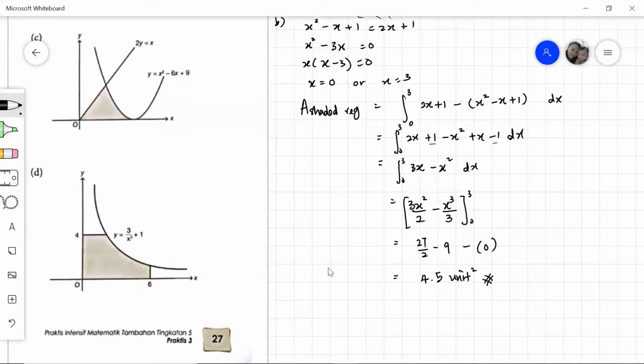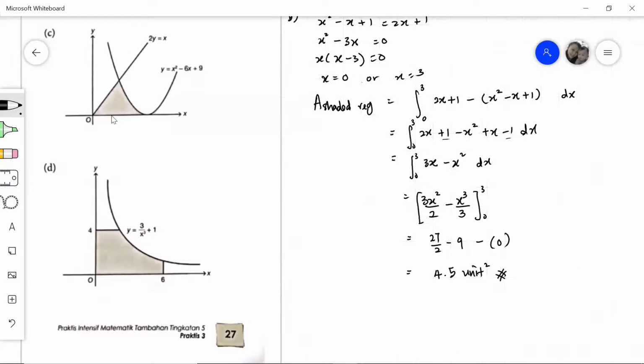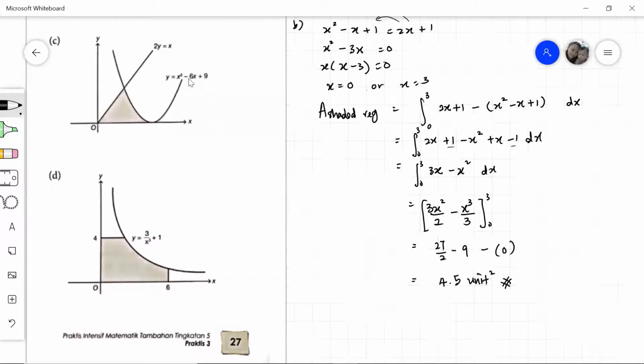Next, let's find the solution for C. In order for us to find C, we have to look at the shaded region. The shaded region consists of the part that is bounded by the straight line and this x value.